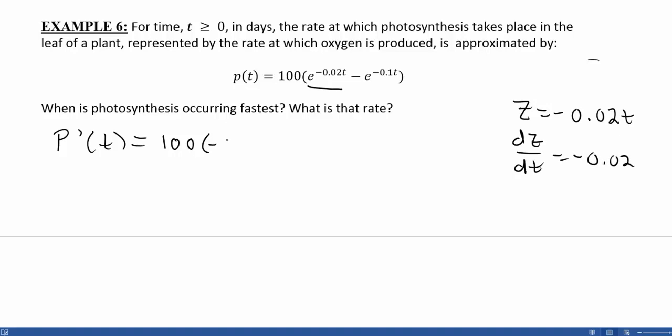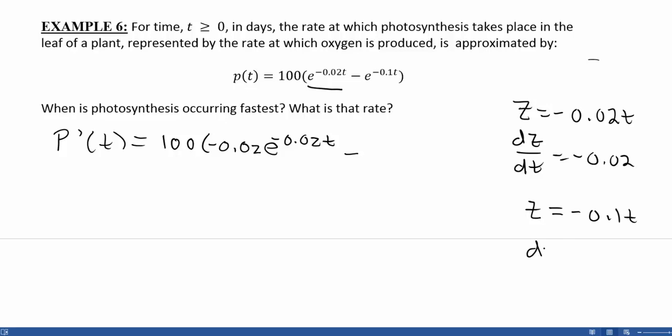So the derivative here is negative 0.02 e to the negative 0.02t minus, and then again, I have to do another chain rule for my second term where z is negative 0.1t. So my dz dt is just negative 0.1. So minus negative 0.1 e to the negative 0.1t. So my first derivative looks like this.